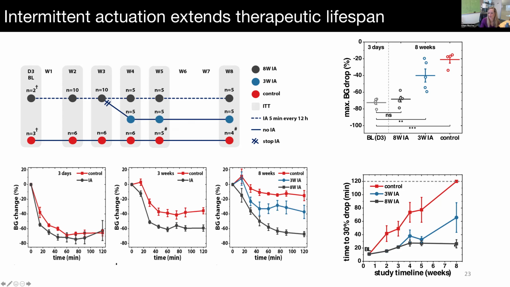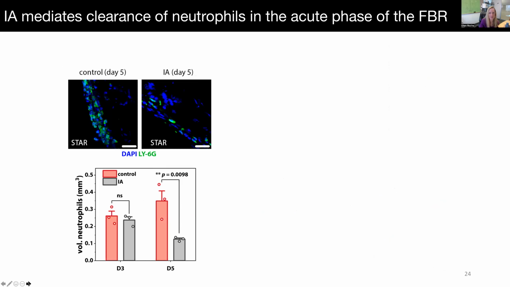But for the group that's consistently actuated, the time to get the same blood glucose drop doesn't really change over the entire 8 weeks of the study. So this is exciting. We don't use any drugs here at all. We just use this low frequency and low pressure motion every 12 hours. So we see a lot of uses for this. And this is a proof of concept for delivering insulin.